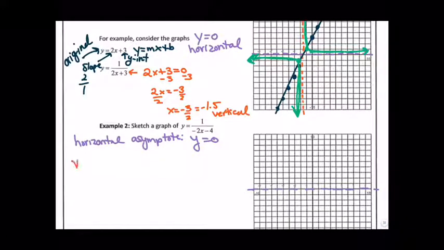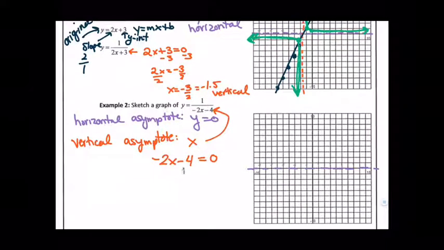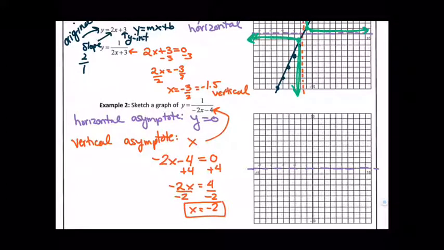And then we'll have the vertical asymptote, and that will be what x can't be from the denominator. So we'll add 4. Divide by -2. So x would be -2 as my vertical one.